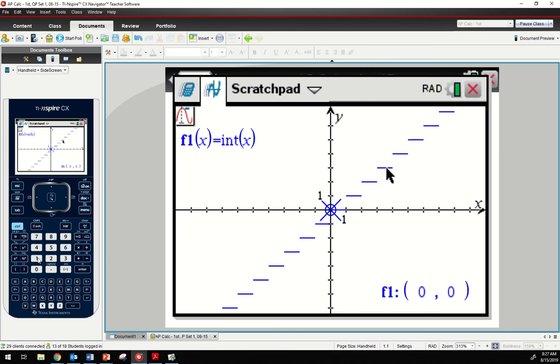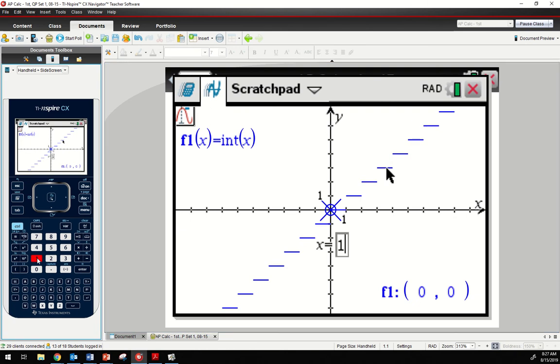So it says x equals 1. It pops up. Hit enter. There we go. It gives me a value. So at 1, if c is 1, my f of c is 1 also.